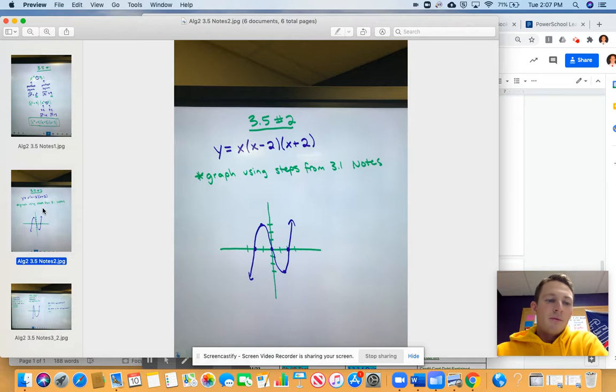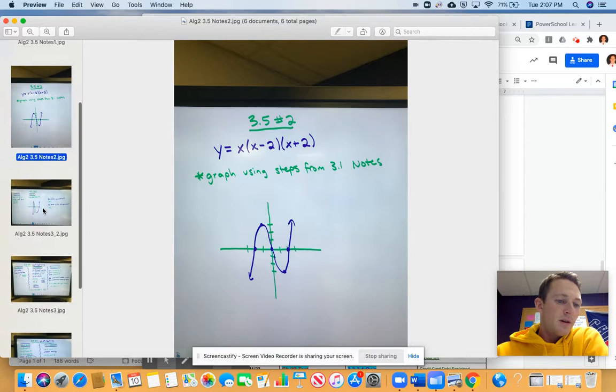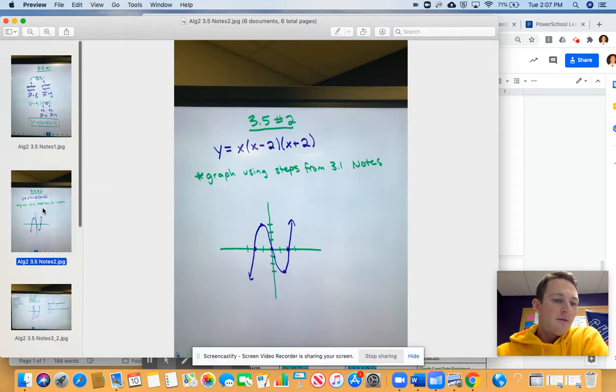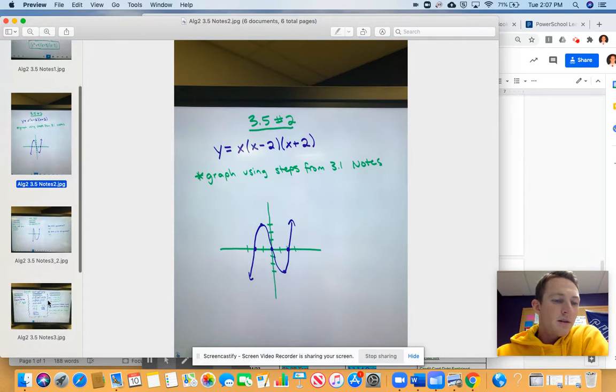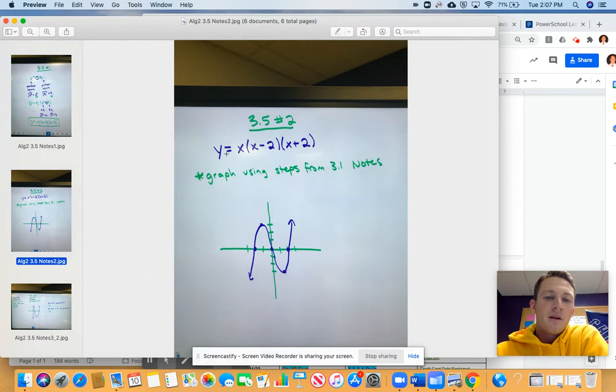Moving on to problem number 2, we are going to graph this problem. So we are going to go back and find the steps from the 3.1 notes in order to graph on Savas.